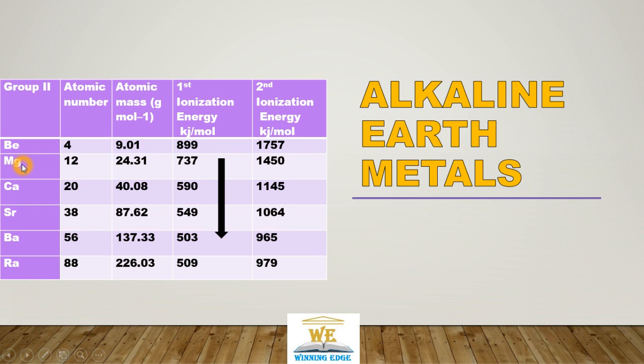For magnesium, the first ionization energy is considerably low, and so is the second. For all these elements, ionization energy decreases down the group for both first and second ionization energy. Here you see second ionization energy is higher than first ionization energy.